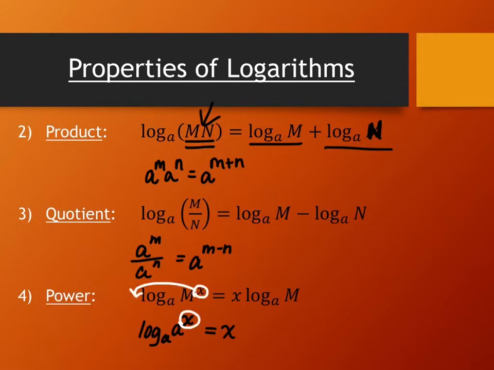It becomes a constant multiplier instead of an exponent on the inside of the log. So this x, if it comes to the front, would be x log base a of a. And we talked about last time that any time the base is the same as the interior of the log, this is equal to 1. And so this would actually equal the quantity 1, and I would be left with simply x. Okay, so this property number 4 is an extension of that idea of inverses that's going on.